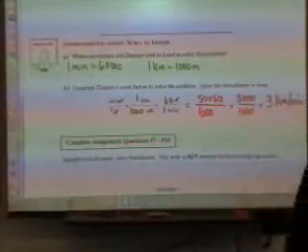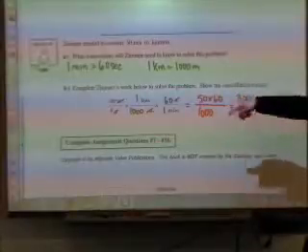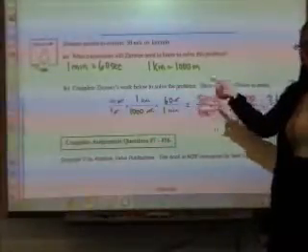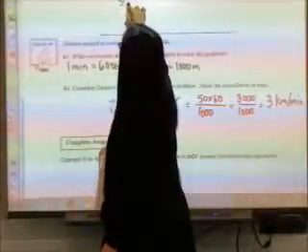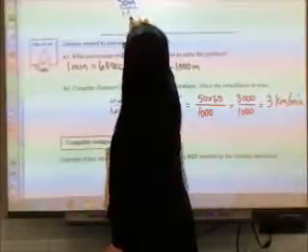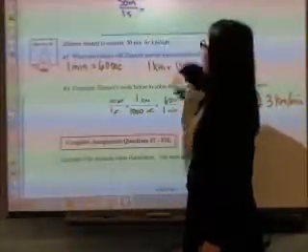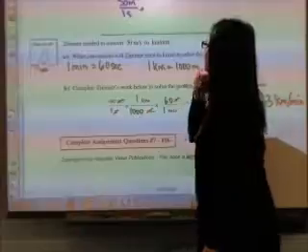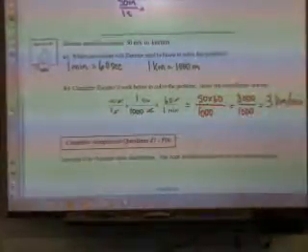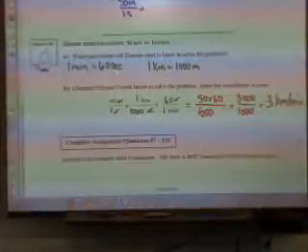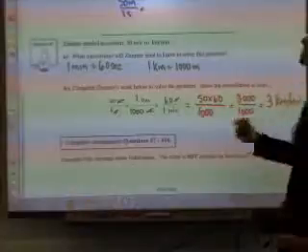For dimensional analysis, I don't need to do it this way. What I could do is figure out, if I go 50 meters for 1 second, I know that there are 1,000 meters in a kilometer.